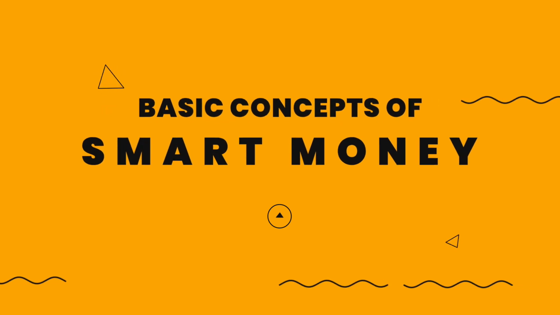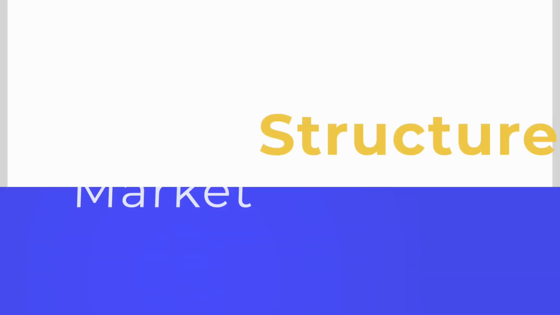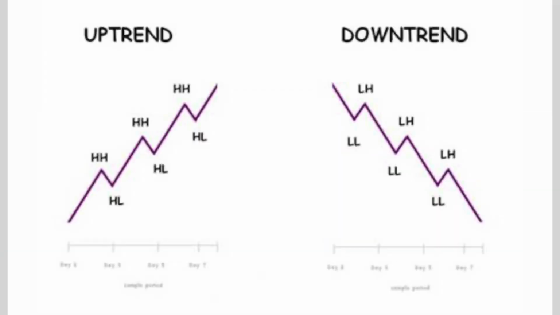So let's start with the most basic concepts of smart money. The first thing is market structure, which consists of higher highs, higher lows, lower highs, and lower lows. And this is what it looks like. Let's say the market is moving like this, and let's assume the market was coming from a downtrend.